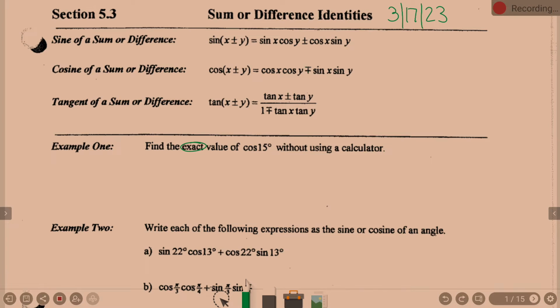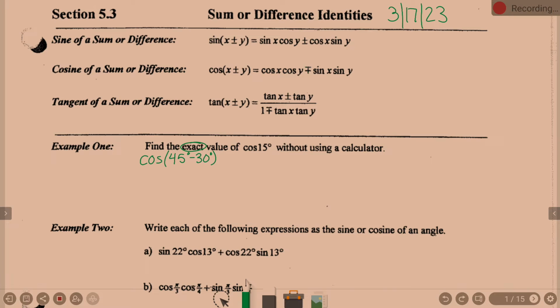45. Could we use 45 and 30? 45 degrees minus 30 degrees is 15 degrees. So one option here is that we can rewrite this as cosine of 45 degrees minus 30 degrees.